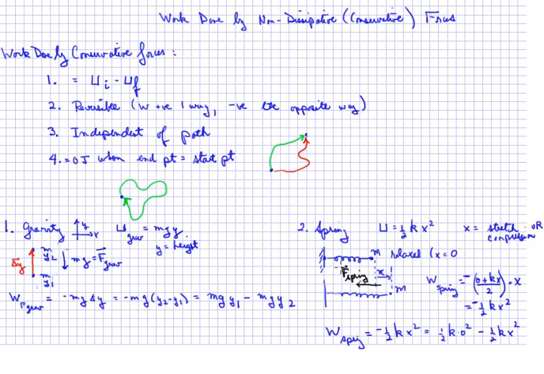Let's look at an example where we start with a spring of spring constant k, and it is, let us say, in the relaxed position right here. And so that means x is equal to 0. And let's say we stretch the spring.